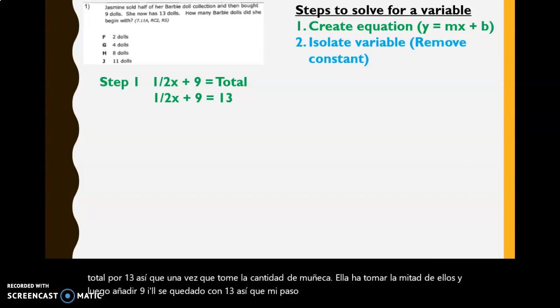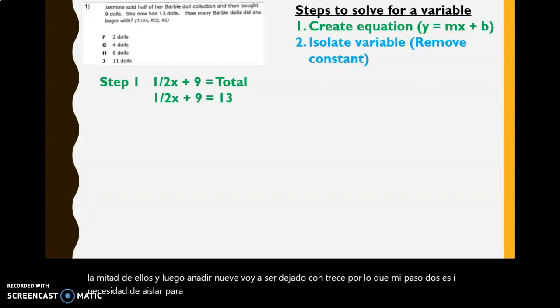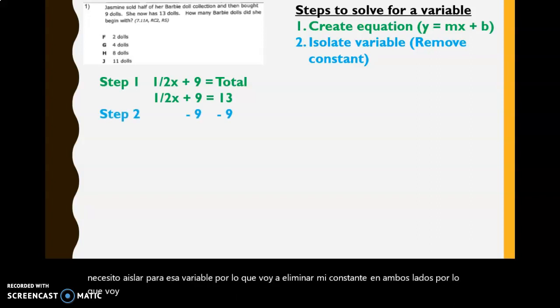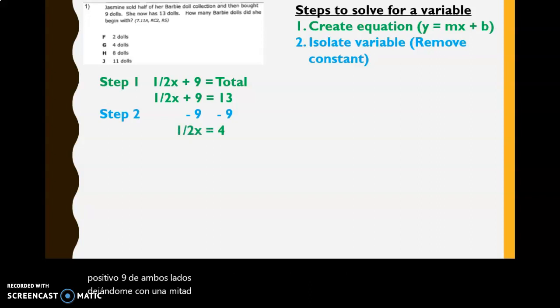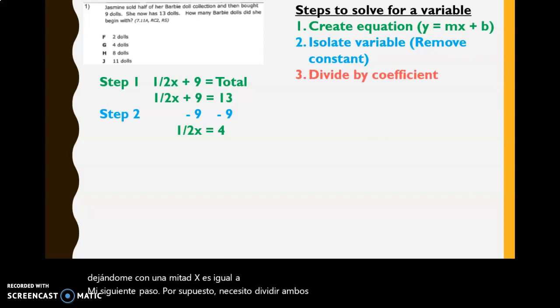So I'm going to remove my constant on both sides. So I'm going to subtract positive 9 from both sides, leaving me with 1/2 x equals 4. My next step, of course, is I need to divide both sides by the same coefficient, which is 1/2.